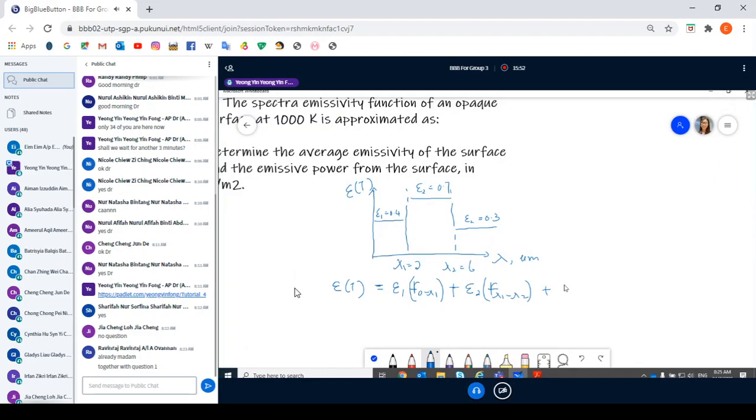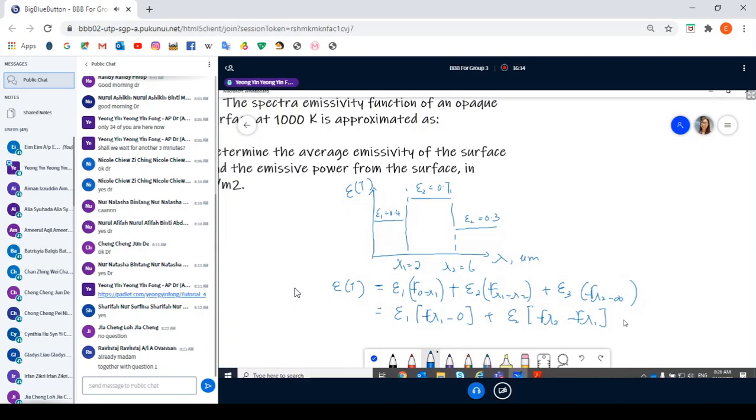Then you can further put it into the fractional value form: plus epsilon 2 times fractional value at lambda 2 minus fractional value at lambda 1, and then plus epsilon 3 times 1 minus fractional value at lambda 2. After this, you will be able to continue.